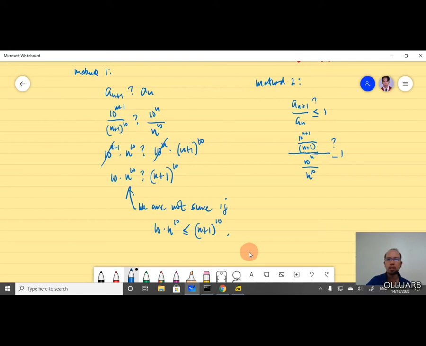Anyway, so reciprocal, we have 10 to the n plus 1 over n plus 1 to the 10, times n to the 10 over 10 to the n. Is this less than 1?